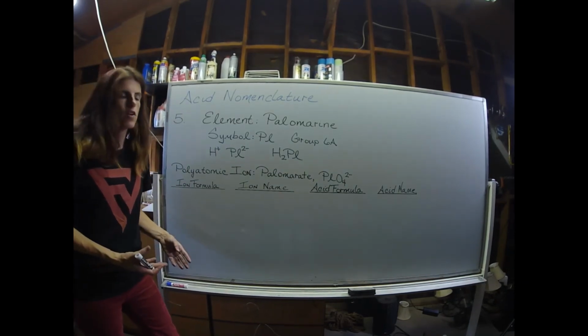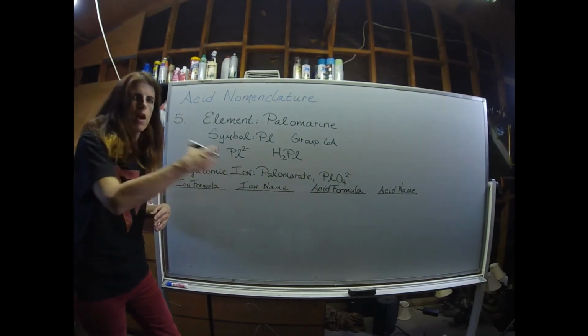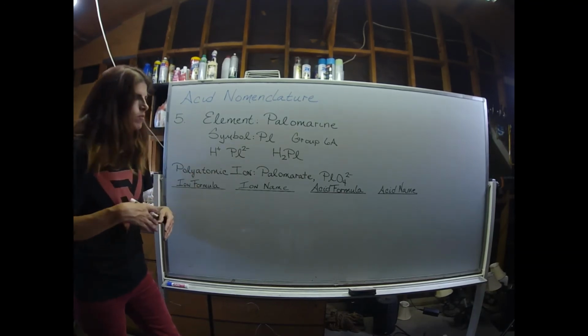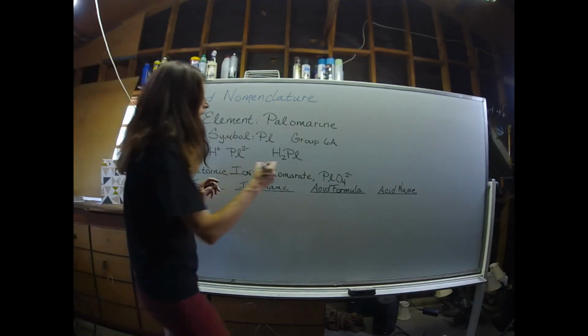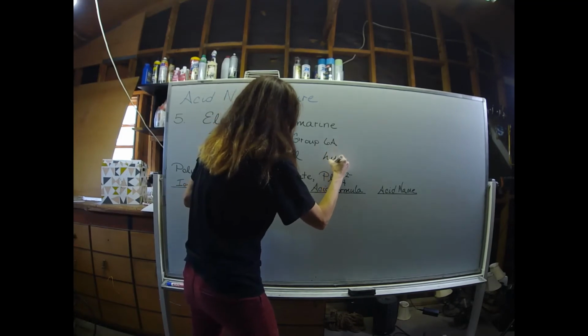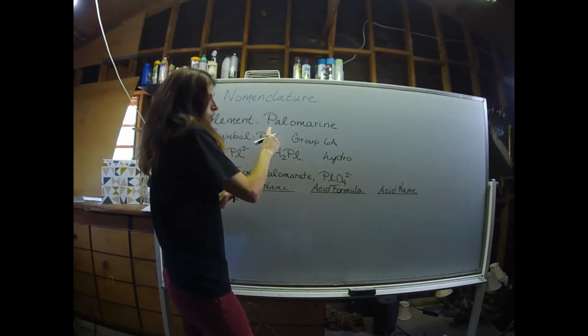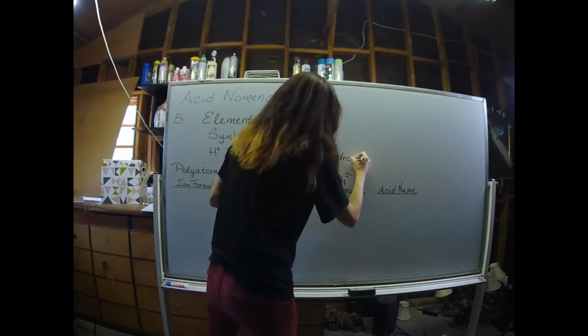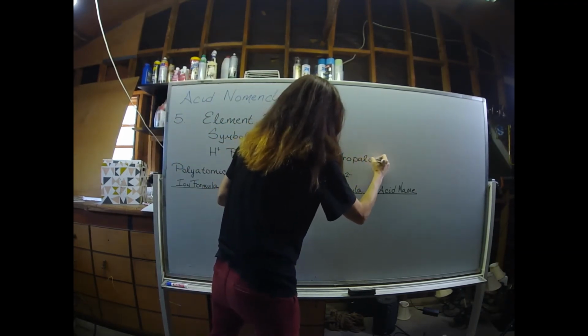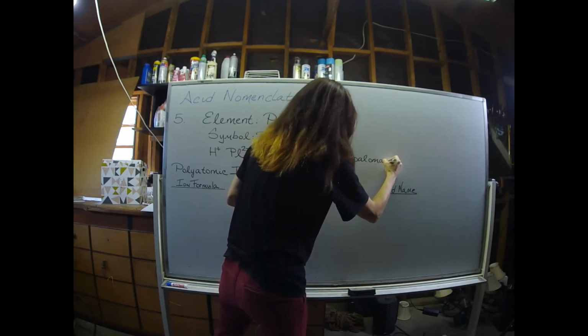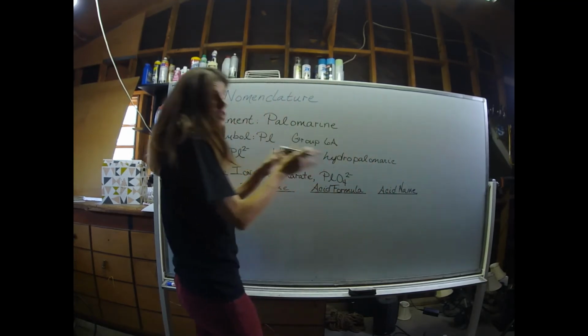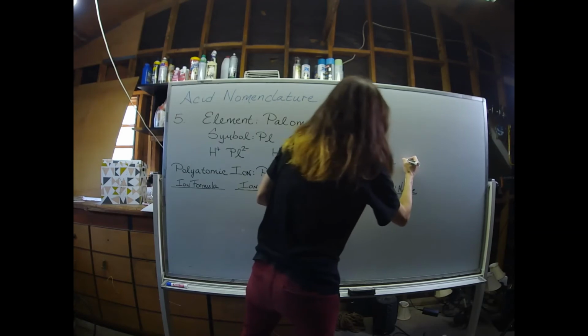And since it's a binary acid, we're going to do the same hydro-ic formula. So I'm going to call this hydropolymeric, and then always tack on the word acid at the end.